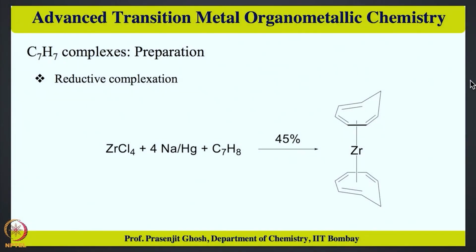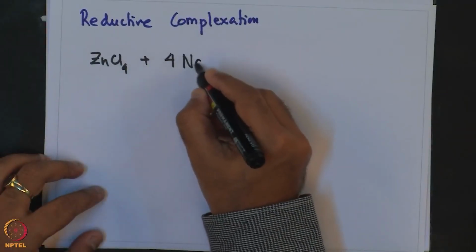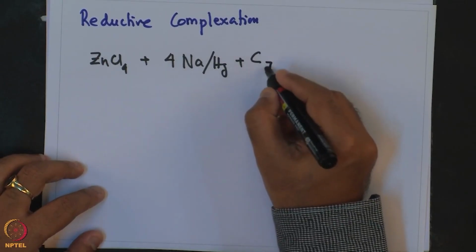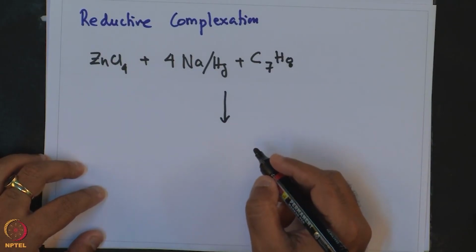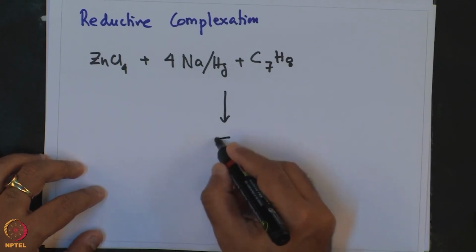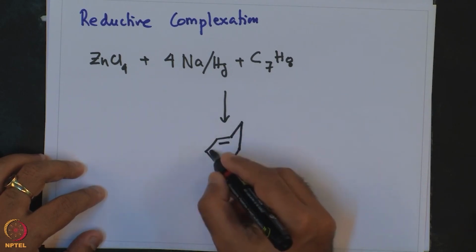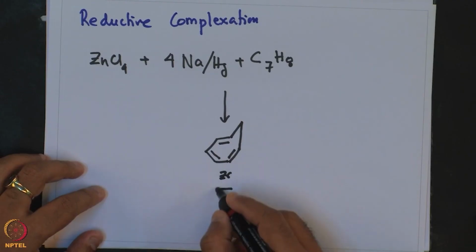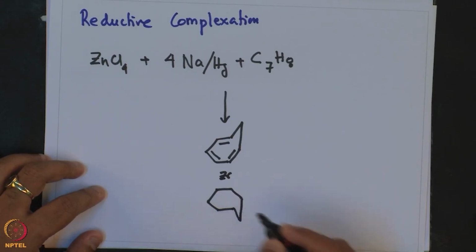Zirconium tetrachloride plus 4 Na, sodium amalgam, plus C7H8 yields this cycloheptatriene bis complex of zirconium, as is shown over here.